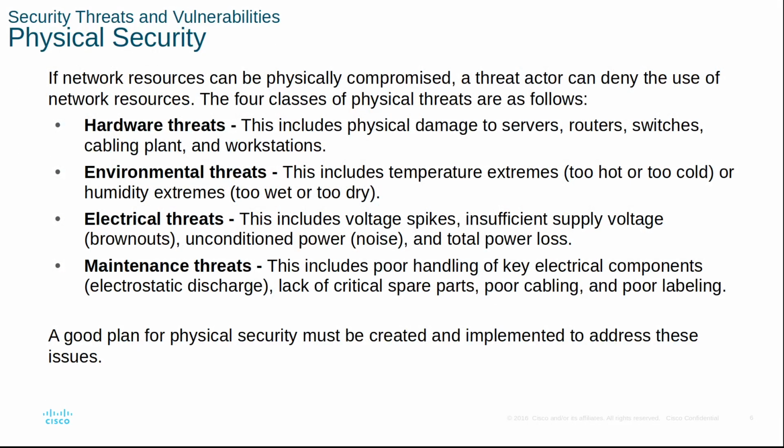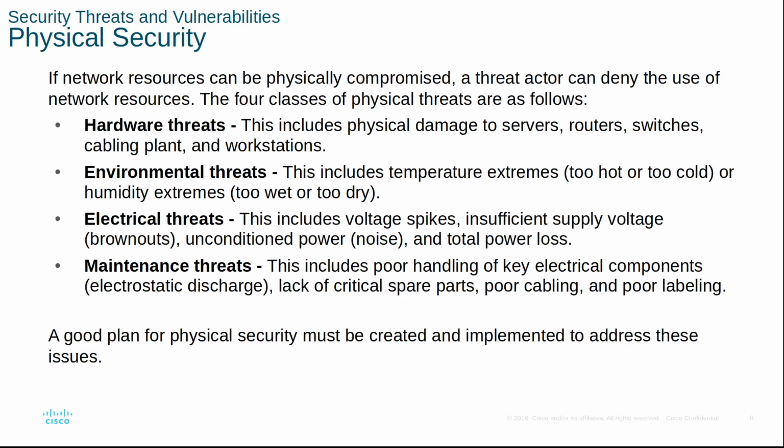Physical security is something that we need to think about more. And if they can be physically compromised, then they can just deny the use of those resources. These are categorized into 4 classes as well.